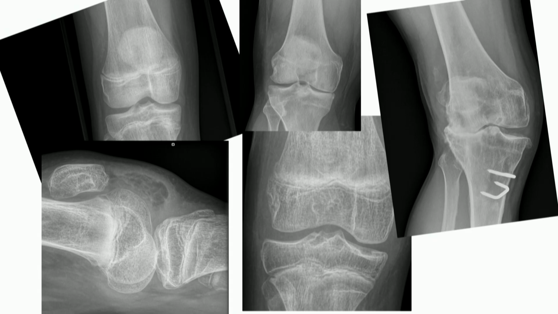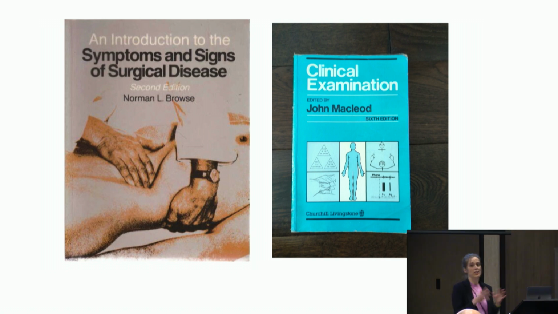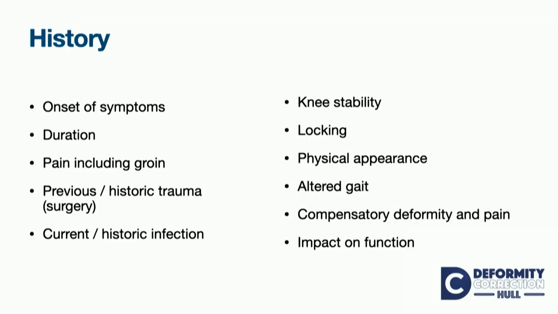So when you see somebody with knee pain, it isn't necessarily the first thing you do is get an MRI. And back in the 90s, we used to take a history and examine the patient first. And certainly that's what I would recommend you still do when assessing somebody with knee pain, especially in case you either have a deformity or sometimes you can risk missing a deformity, which is more relevant when looking at the knee.